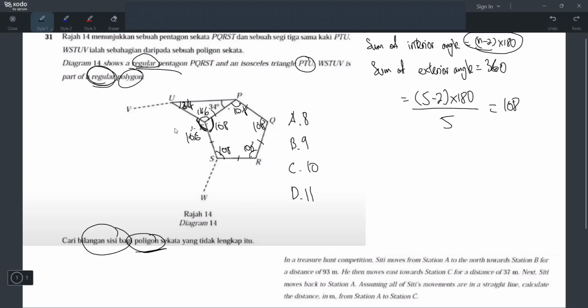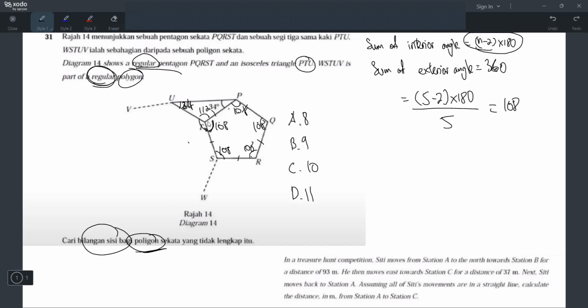Let me just check quickly. 360 minus... I think I did it correctly, right? 180 minus 34. Okay, 180 minus 34 is not 146. I pressed wrong. 180 minus 34 is actually 146, no, it's 112, right? So this angle was wrong. I have to press one more time: 360 minus 108 minus 112.